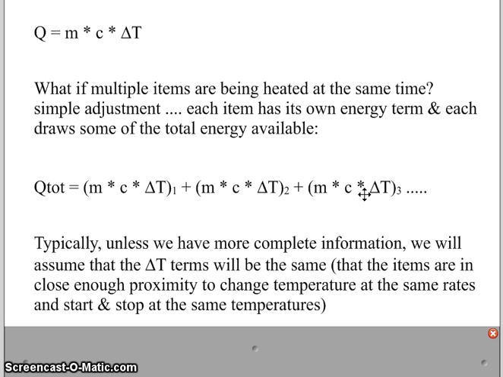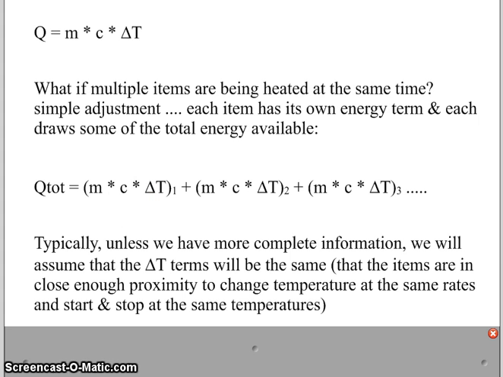When we heat up these items, if they are out of equilibrium at any moment, we're going to assume that pretty quickly they'll get within equilibrium, and they'll all have the same final temperatures. So if they have the same initial and final temperatures, then of course the changes in temperature will be the same. That may not always be a perfect assumption about the world, but it's the one we're going to use, and it's not too far from the truth in many cases.